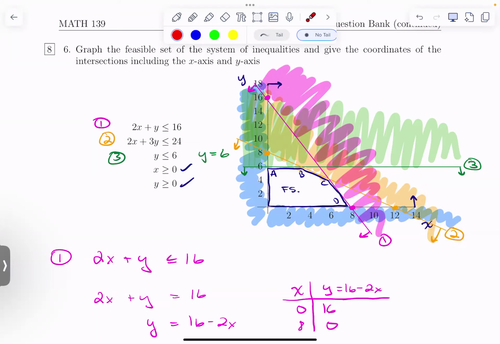So C, if we look at the intersection of C, because it's representing this intersection here, that's the intersection of 1 and 2. It's not 4. The math says, I'm sure.